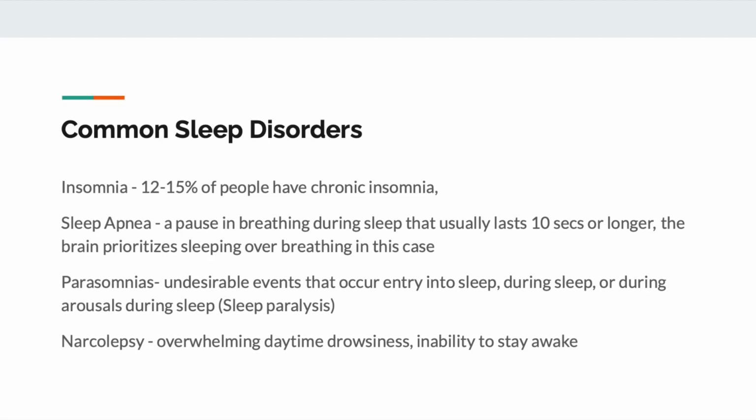Parasomnias are undesirable events that occur in our entry to sleep, during sleep, or during arousals in our sleep. And a common example of this is sleep paralysis or sleepwalking. Narcolepsy is defined as an overwhelming daytime drowsiness that makes it very difficult to stay awake. And this drowsiness could be very dangerous because you don't have much control over it.